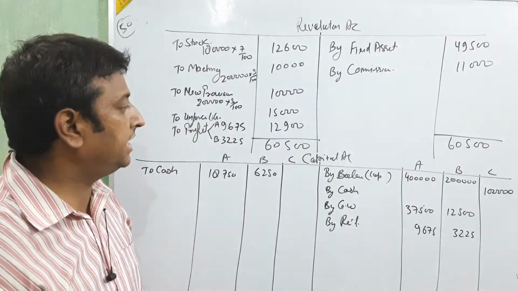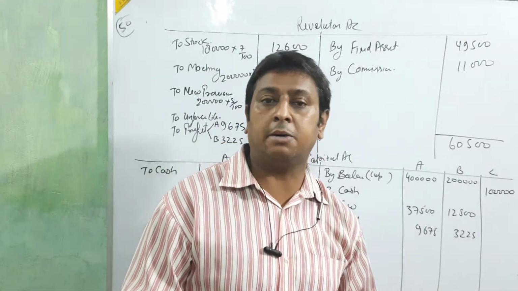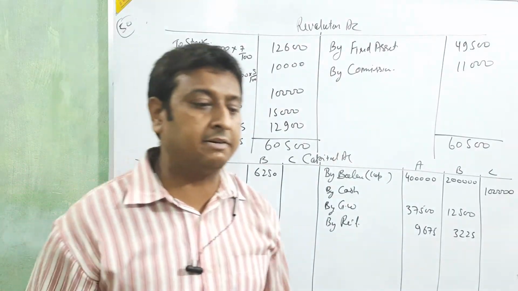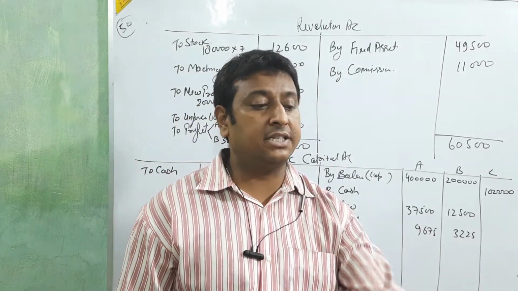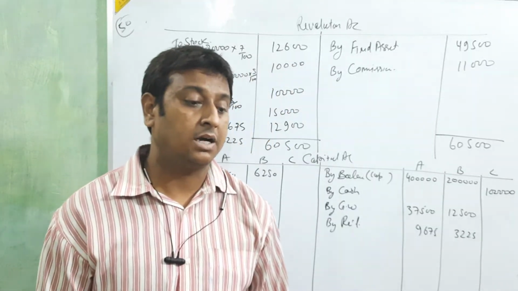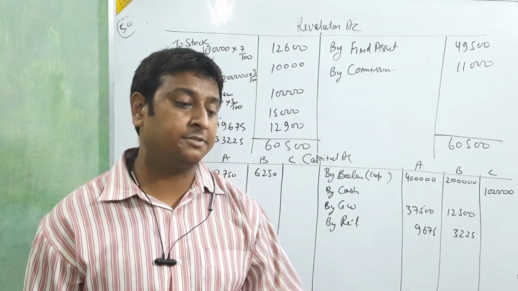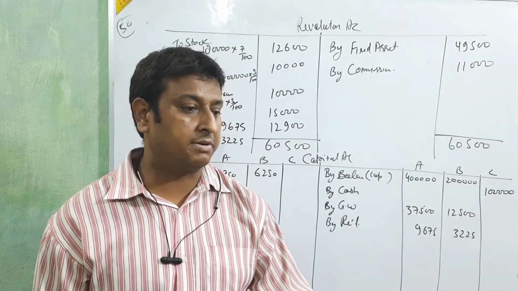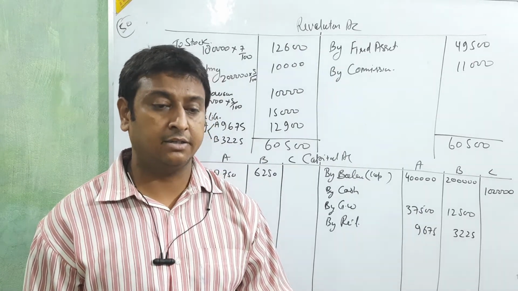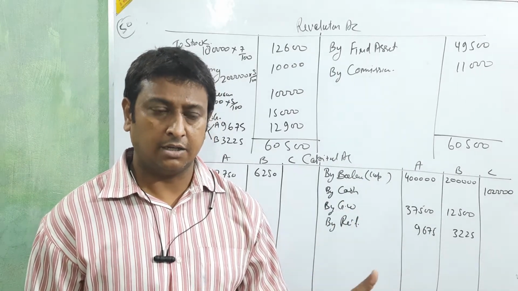Next, see in the balance sheet whether any goodwill, profit and loss, workmen compensation fund, reserve or investment fluctuation fund is given or not. No. Just see the liability side: what is there? Only capital accounts, nothing else. Asset side: cash in hand, book debts, stock, machinery, fixtures, land and buildings.